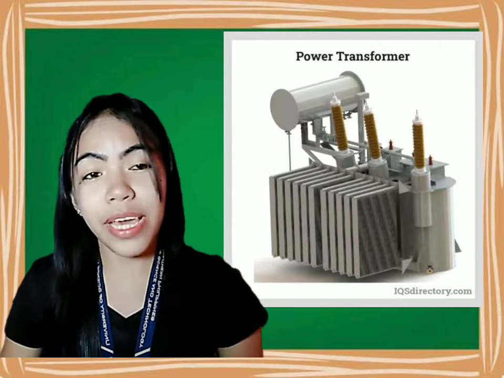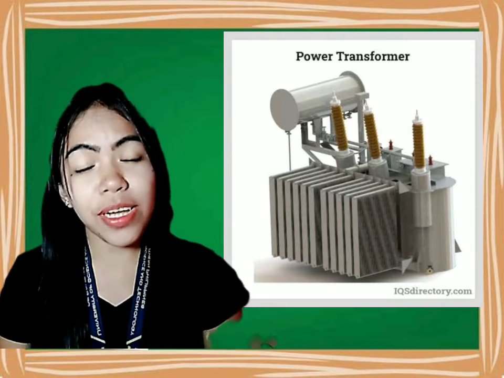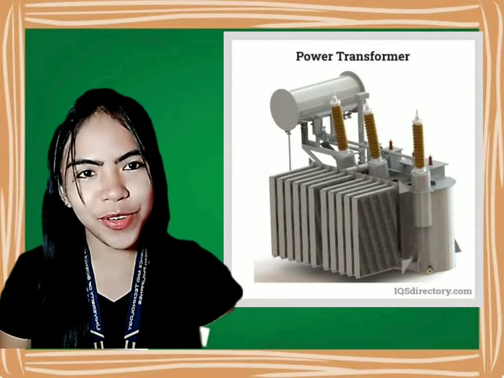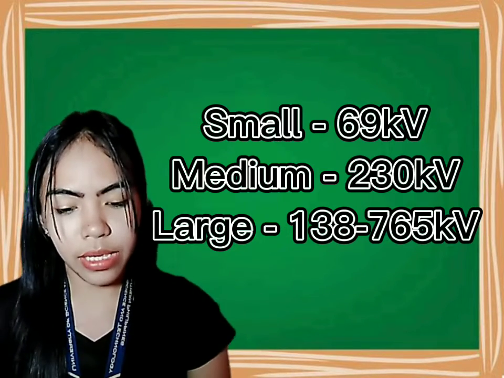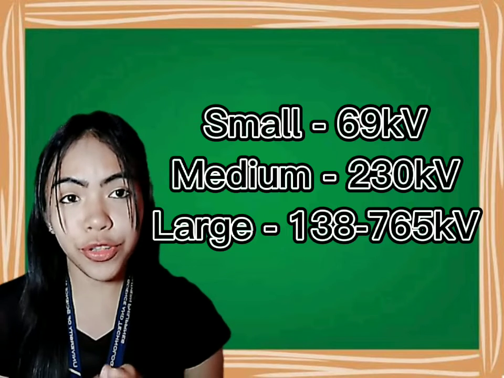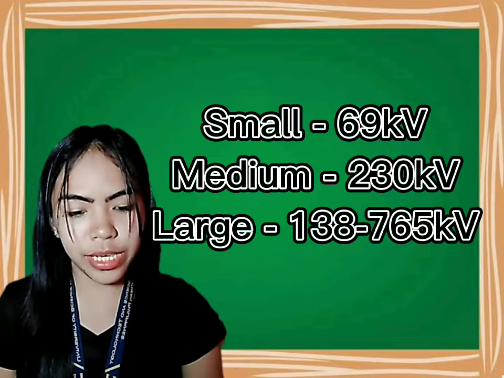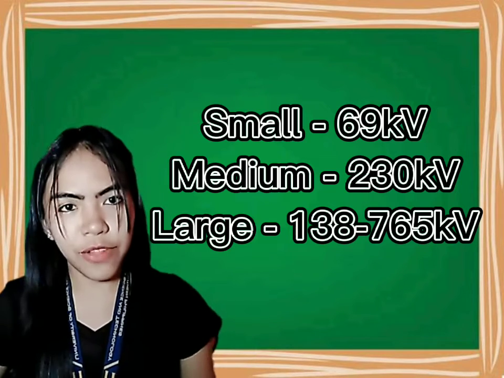Just to make things a tad more complicated, you can also categorize them by size: small, medium, and large. Small power transformers fall under 69 kV, medium up to 230 kV, and large power transformers are between 138 and 765 kilovolts. Now, let's make things even more complicated.